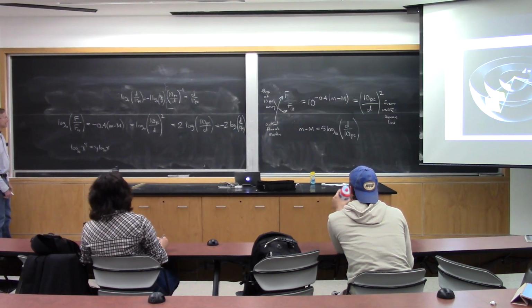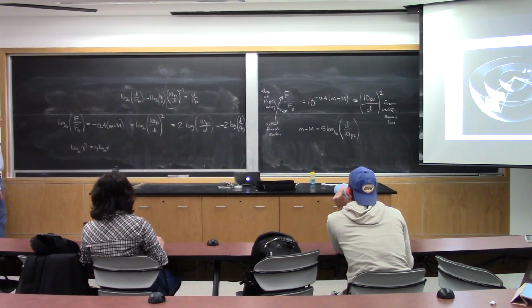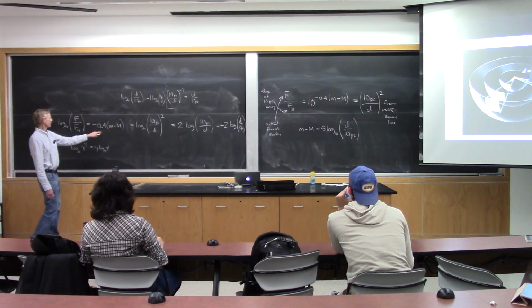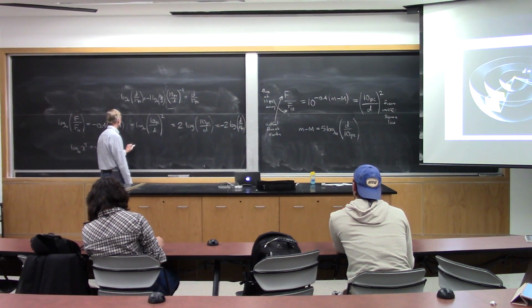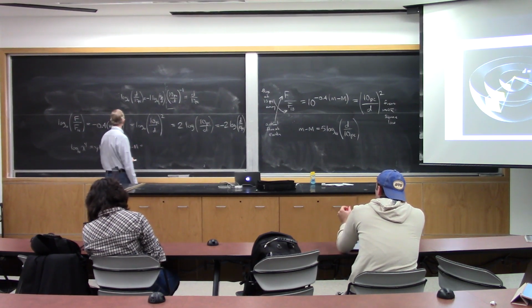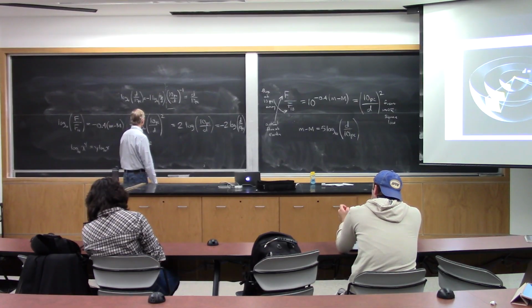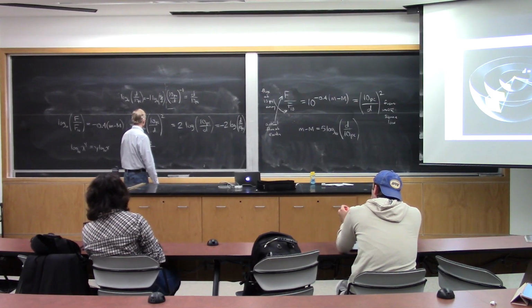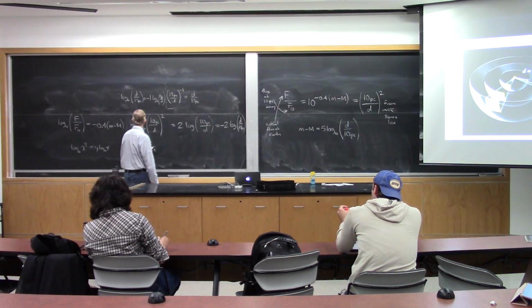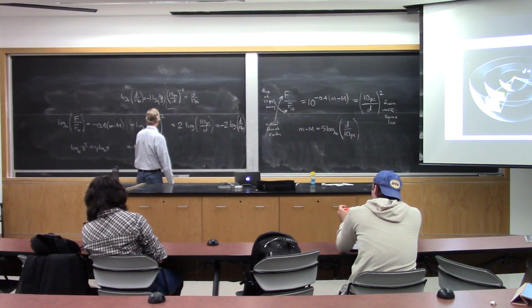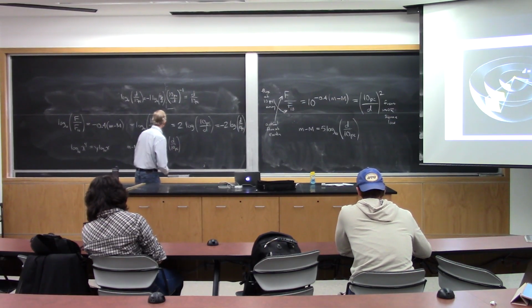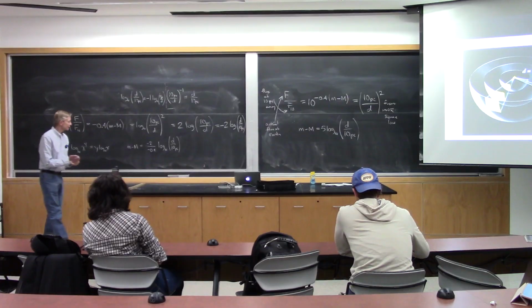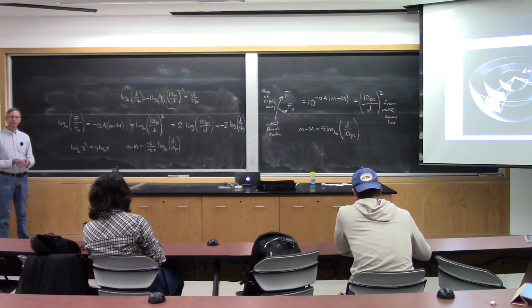And so now I can solve for little m minus big M here. Little m minus big M is going to be minus 2 divided by minus 0.4 of the logarithm of d over 10 parsecs. But what is minus 2 divided by minus 0.4?